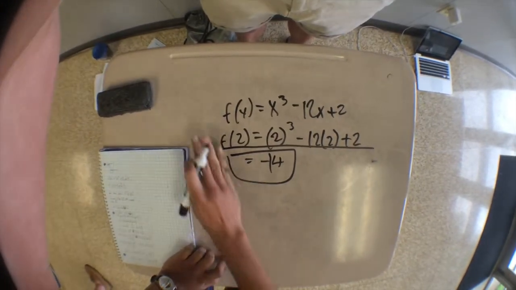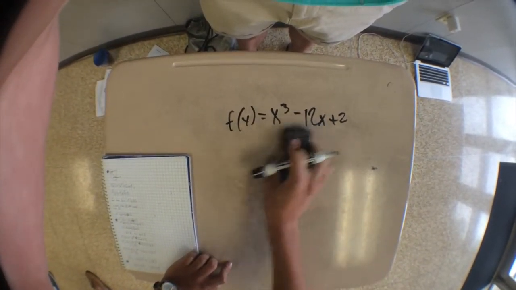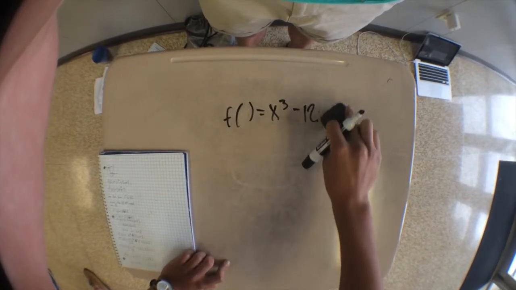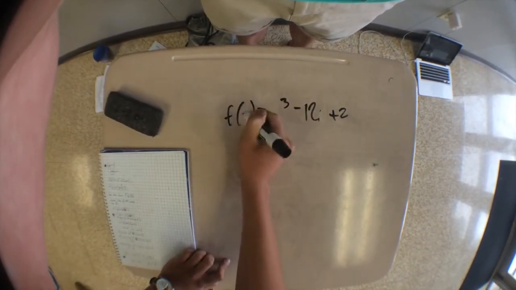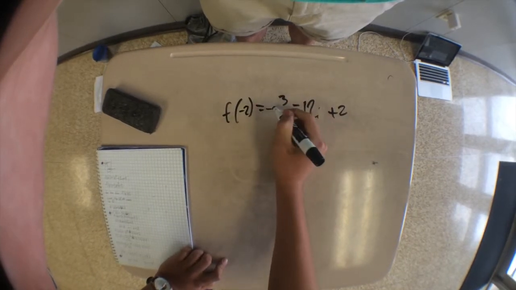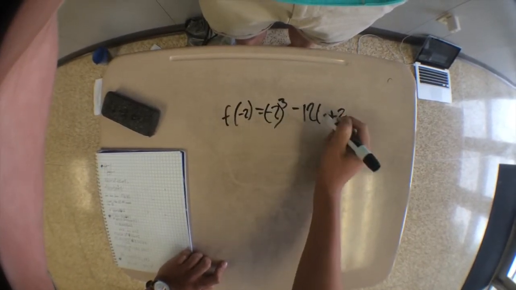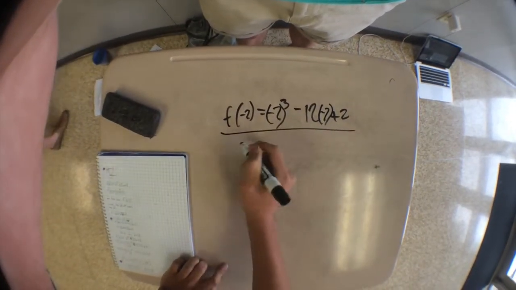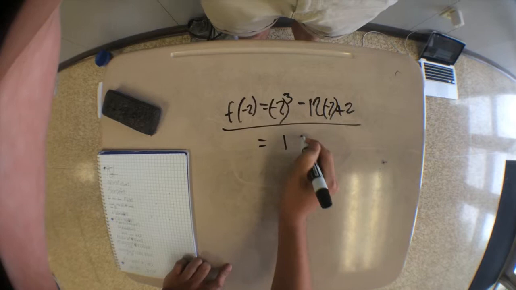I'm really lazy, so let's just use this one here instead of rewriting things. Let's plug in negative 2 this time. Once we simplify this, it's going to give us 18.